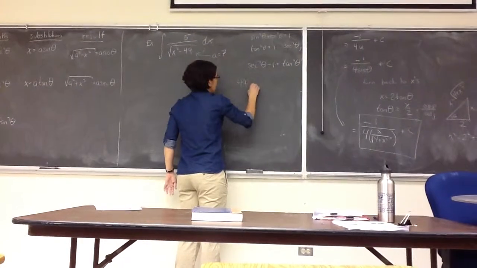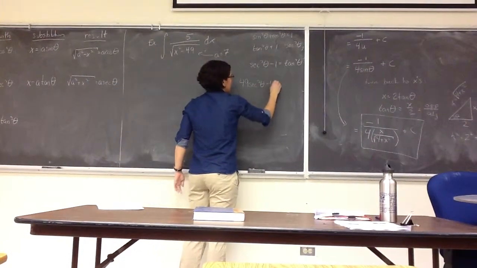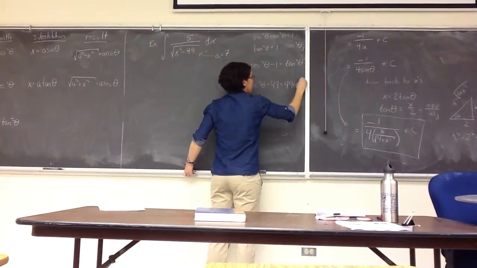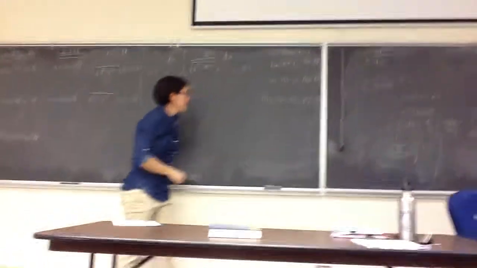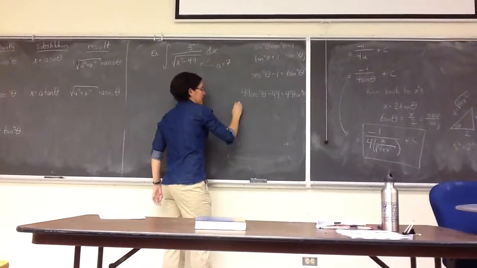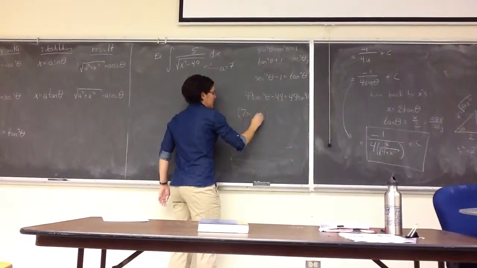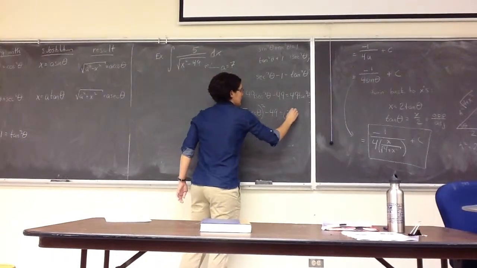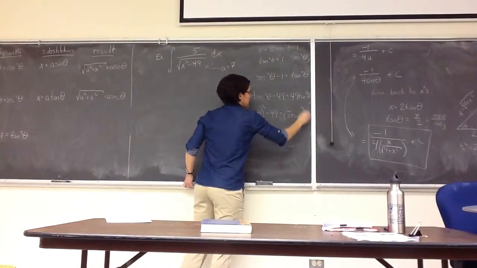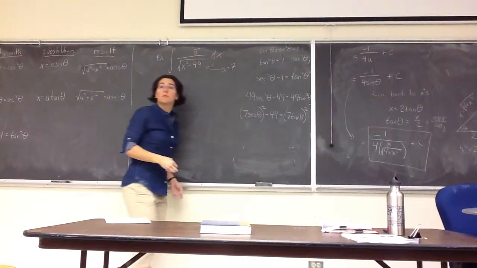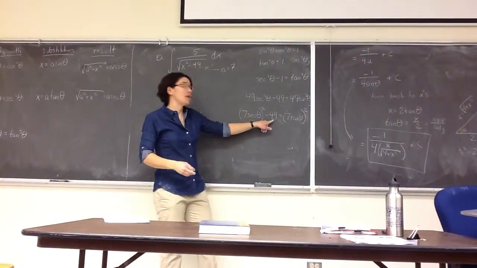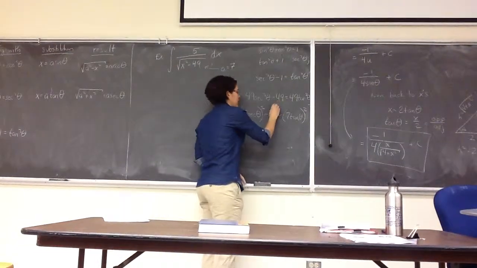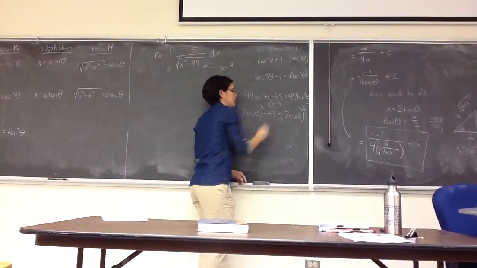So 49 secant squared theta minus 49 is equal to 49 tangent squared theta. And then this first term I can write as 7 secant of theta, quantity squared, minus 49, is equal to 7 tangent squared. Or, well, wouldn't it be minus 7? So I could write this as minus 7 squared if I wanted to. Okay. So either minus 49 or minus 7 squared.